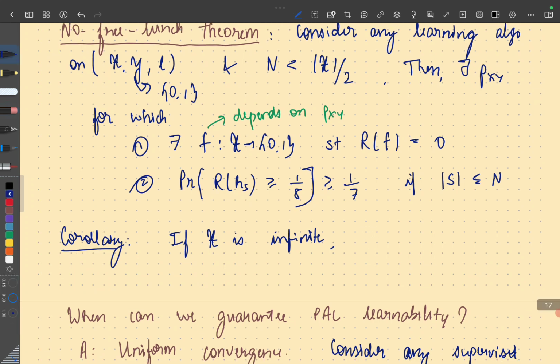Or if x is infinite, it is impossible to achieve R of Hs minus R star to be arbitrarily small.